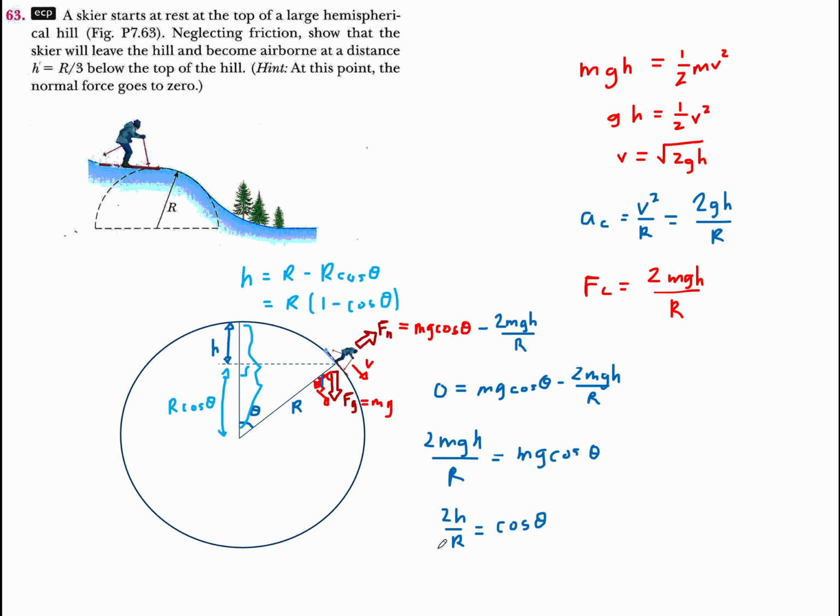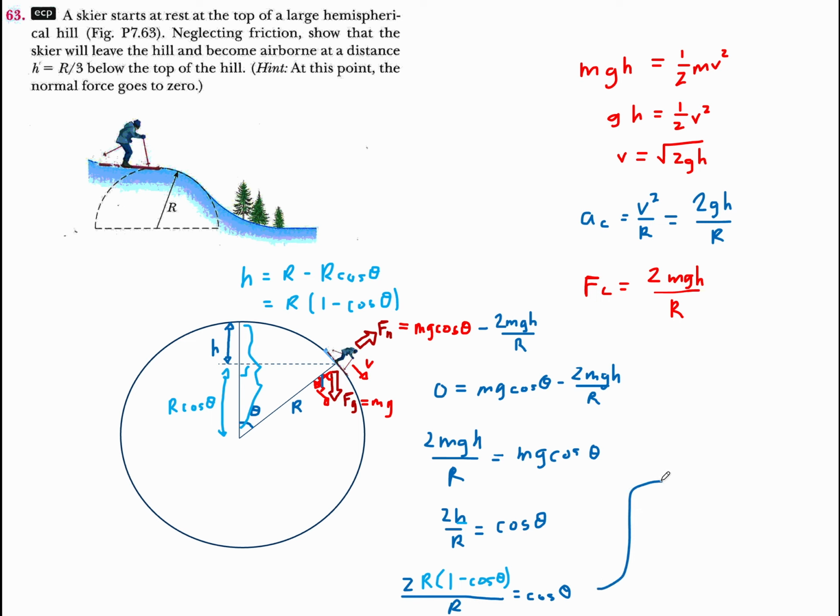I'm going to substitute that in down below here. So 1 minus cosine theta, all times r, substituted in for h down here. So 2 times that, all over r, has to equal cosine theta. And now just some math. r cancels, of course.